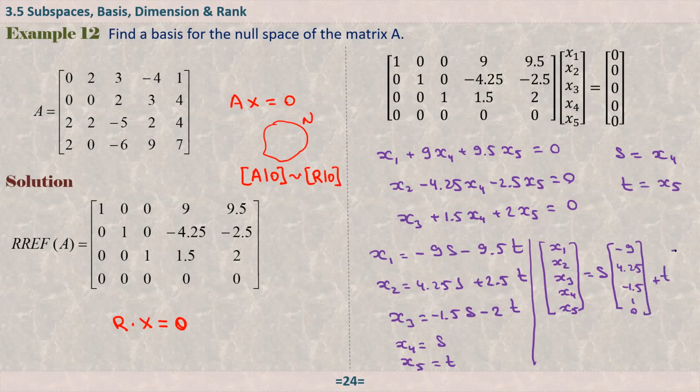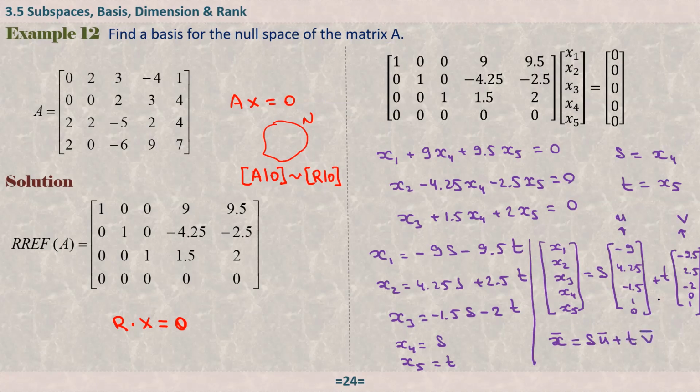Plus T times the vector with entries -9.5, 2.5, -2, 0, 1. Let's say that is vector U, and this one is vector V. So the solution of the system I can write as S times U plus T times V.